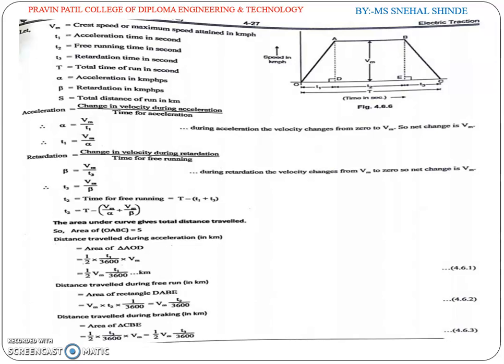And distance travelled during braking in kilometer: the area of the triangle CBE. Again half into base into height, so half into T3 divided by 3600 into Vm. So we get a final value of half Vm into T3 divided by 3600.